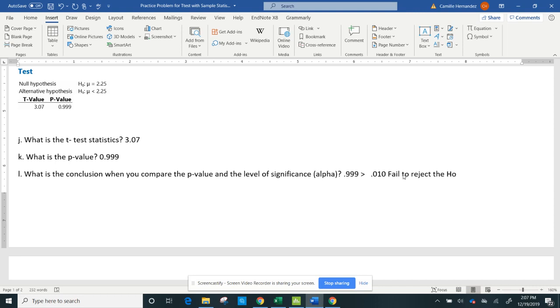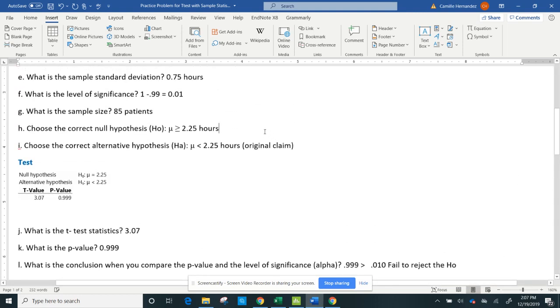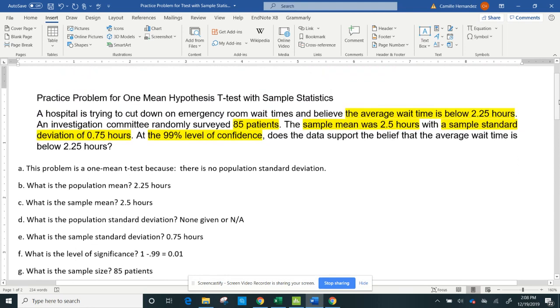Okay, what does that mean? It means the null is true, the alternative is false. So I go back up here and I put this is true and this is false. All right, so now when I start to make my conclusion, I know that my original claim is false.